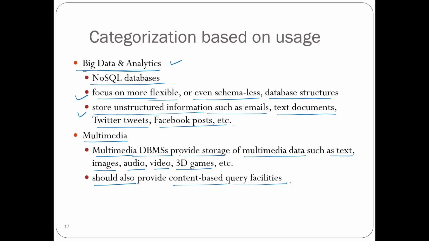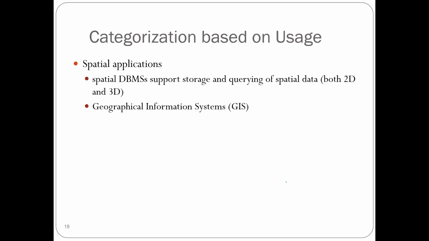For example, we may be interested in the images of, say, John Smith. That kind of query, where we are searching for an image, is a facility that should be provided by multimedia DBMS.